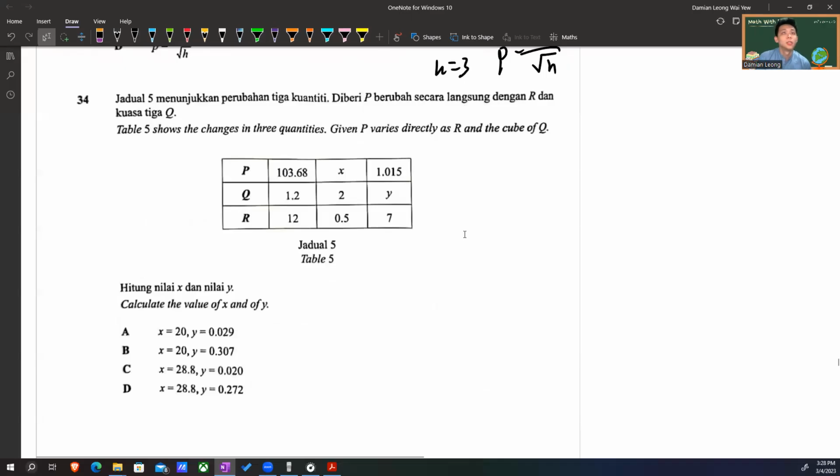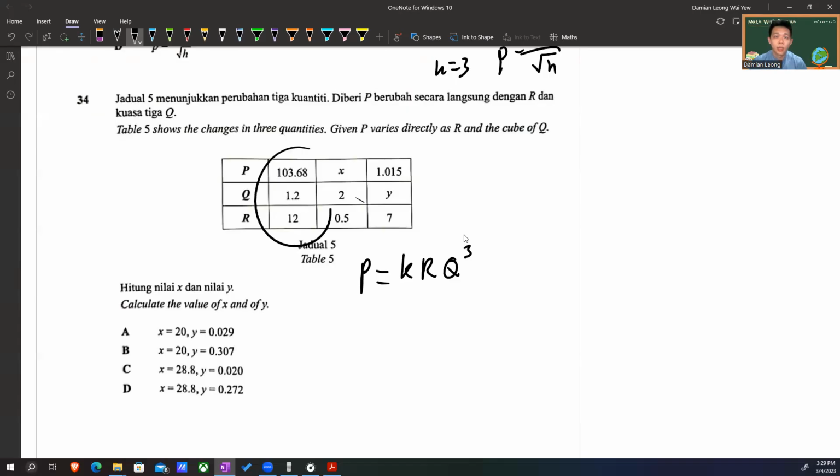Question 34. I have table 5 showing the changes in 3 quantities. P varies directly as R and the cube of Q. So P equals K times R times Q cube.